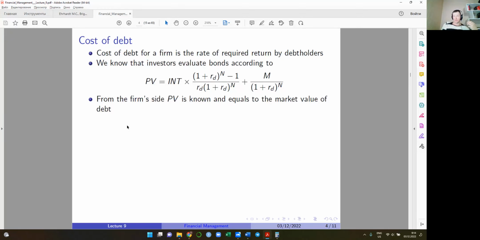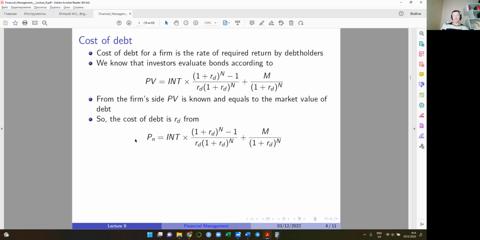What the firm does not know is RD, this interest rate. So the cost of debt is RD from this formula. And instead of PV, we put here PN. What is PN? PN is the market price of a new bonds issue less the flotation cost. So what is the flotation cost?